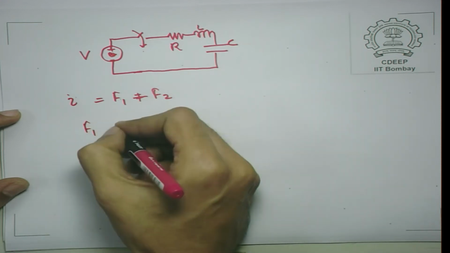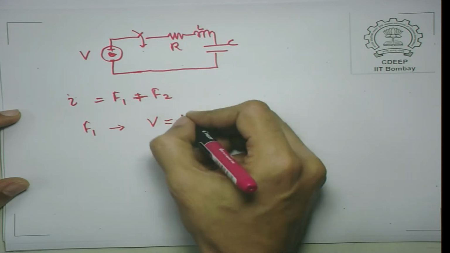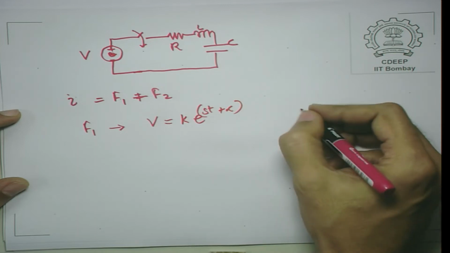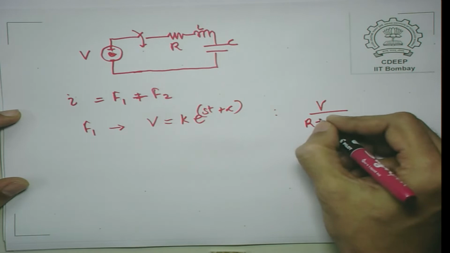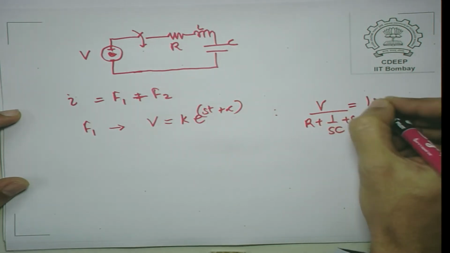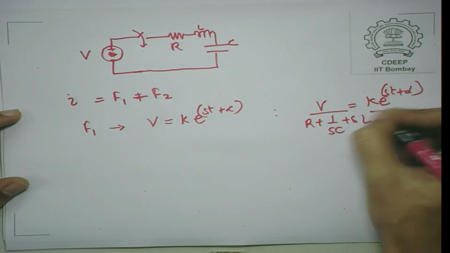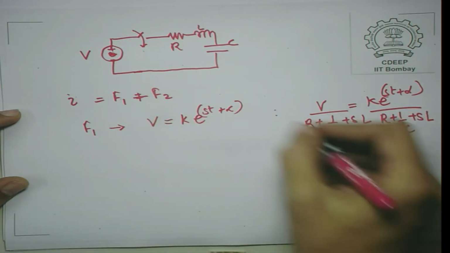F1 is obtained if the input is V equal to k e raised to st plus alpha, the output is V upon R plus 1 by Sc plus SL, that is equal to k e raised to st plus alpha. Remember, for a linear circuit the nature of the response remains the same, but everything is scaled. Okay. So, this is F1. So, this is the current.